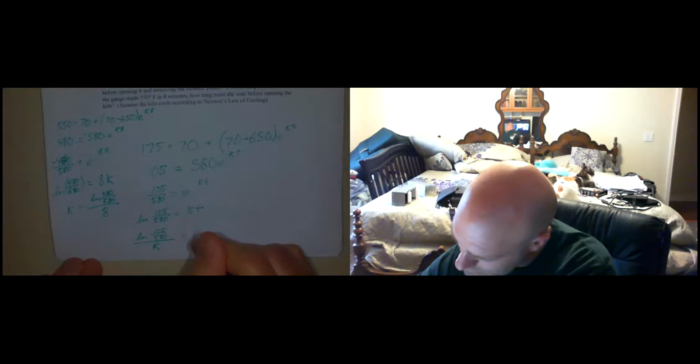k equals t. Again, doing this kind of inside out, I'm going to say the natural log of 480 over 580. Divide that by 8. Then I am going to take the natural log of 105 divided by 580, close those parentheses, and divide by my answer.